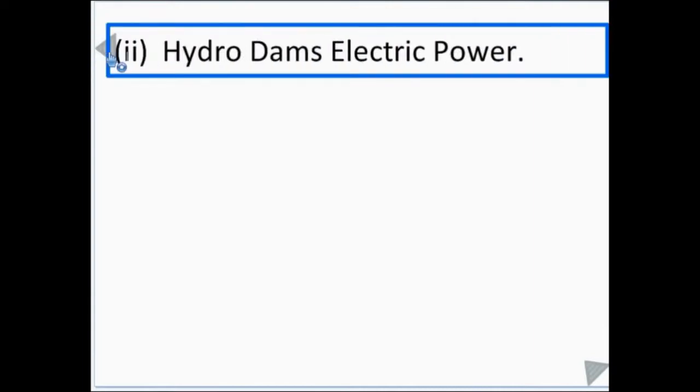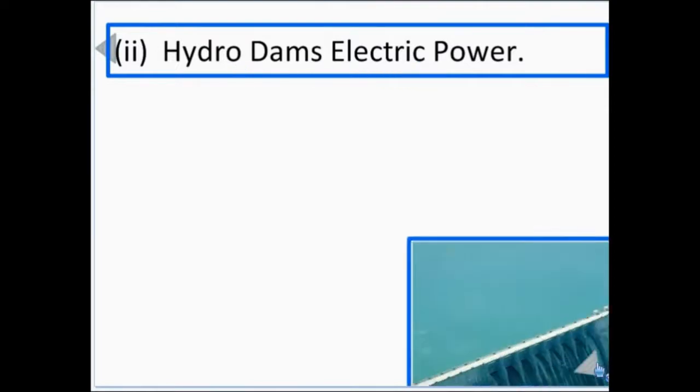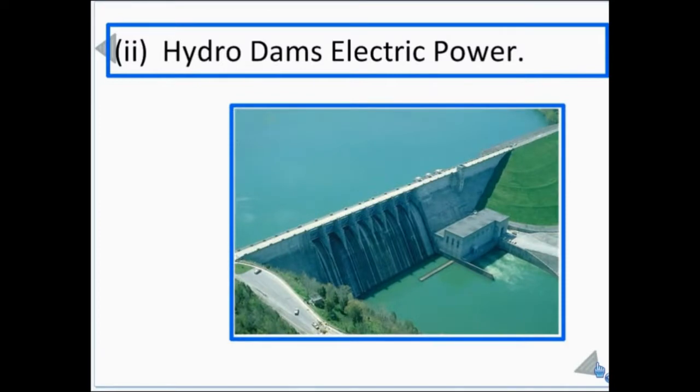Now, looking at another economic importance of rivers, we talk about hydro dams and electric power. This has to do with damming rivers that have rapids.